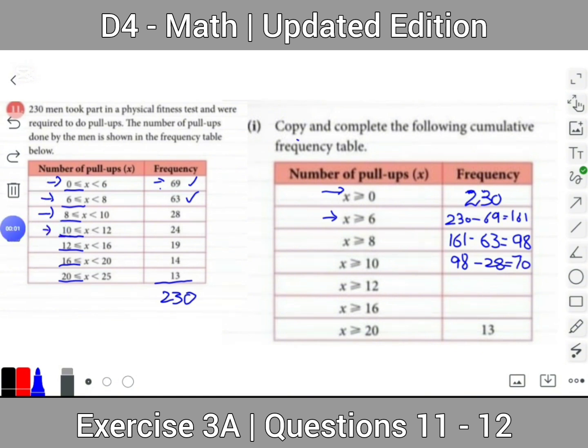For the fifth class interval, more than 12, we will calculate cumulative frequencies from 12 to 25, in other words, 19 plus 14 plus 13. We will exclude 69, 63, 28, and 24. So 70 minus 24 will give us the cumulative frequency of 46.